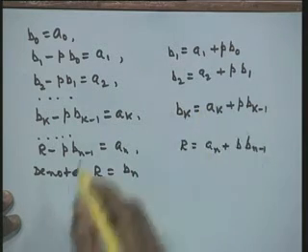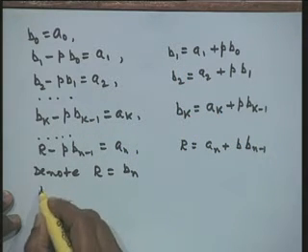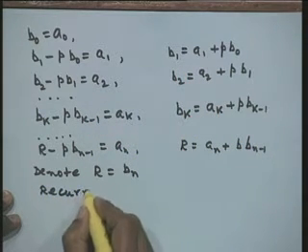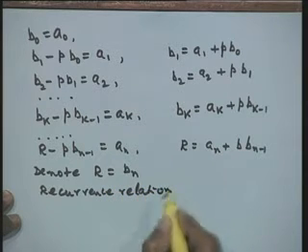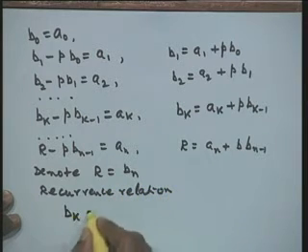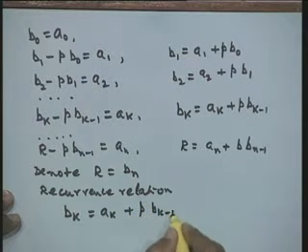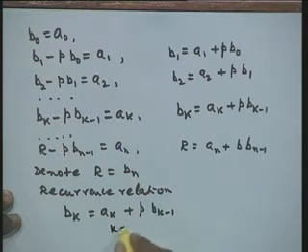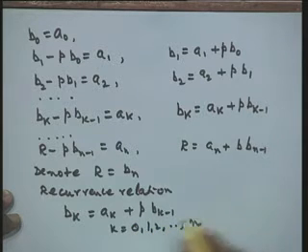Then I can get all the coefficients b_1, b_2 from the recurrence relation. I can now define the recurrence relation b_k = a_k + p b_(k-1), with k going from 0, 1, 2, 3, up to n.